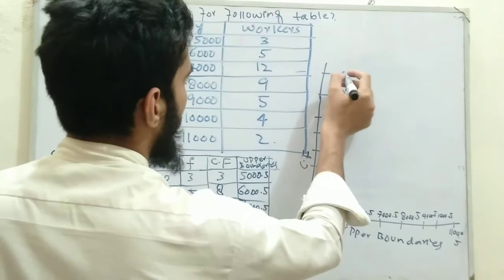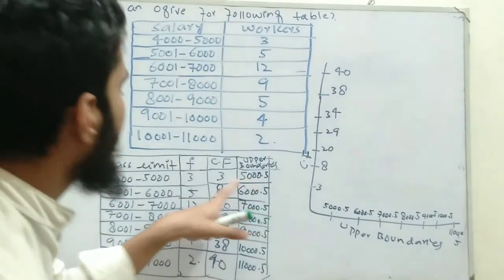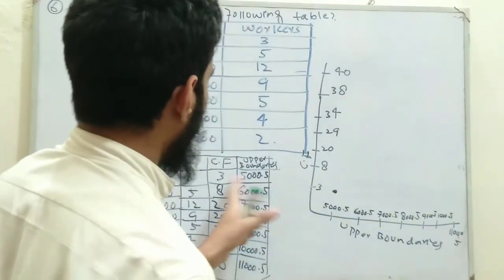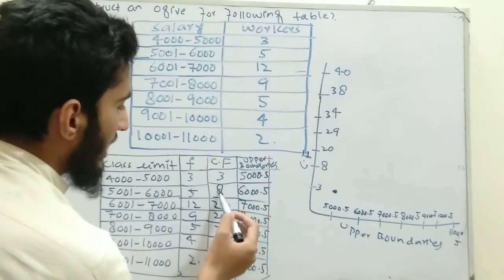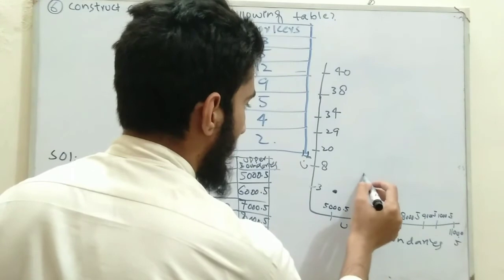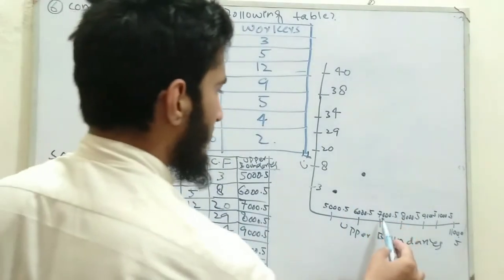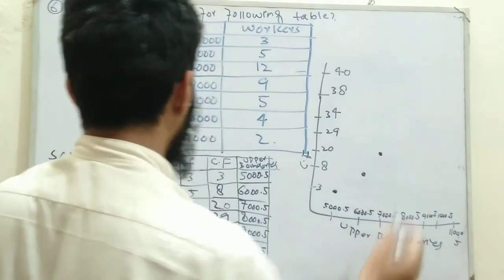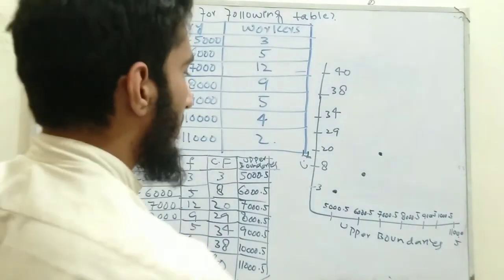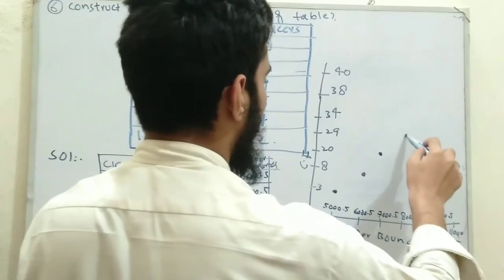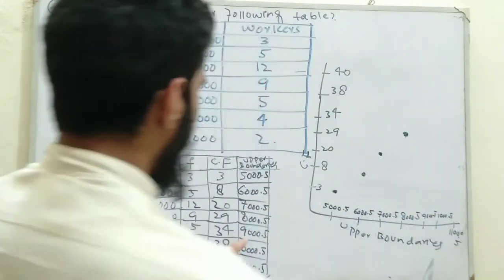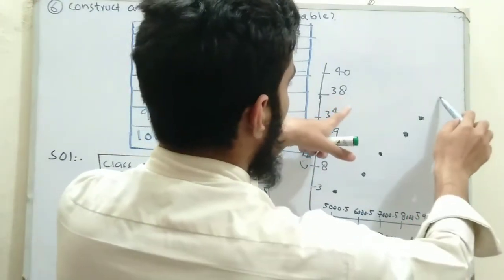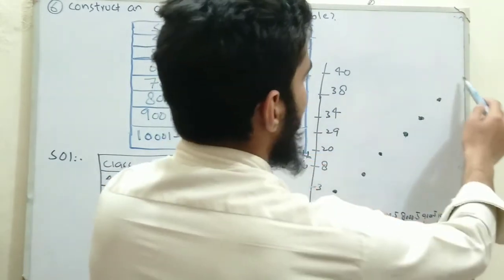In front of 5,000.5 we have the cumulative frequency 3, so we put a point there. In front of 6,000.5 we have 8. In front of 7,000.5 we have 20, in front of 8,000.5 we have 29, in front of 9,000.5 we have 34, in front of 10,000.5 we have 38, and in front of 11,000.5 we have 40.